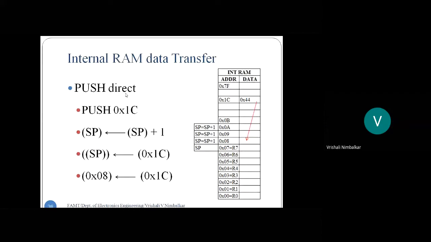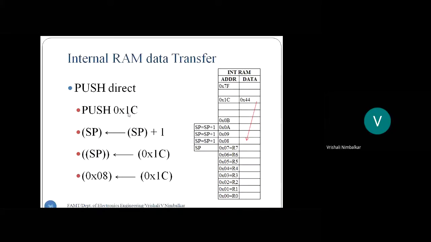And the only addressing mode possible is direct addressing mode. So push, and whatever number you give is the address of the source memory location. So the data from this source memory location is transferred onto stack. And always remember, while storing the data on stack, the stack pointer first increments and then the data is stored.